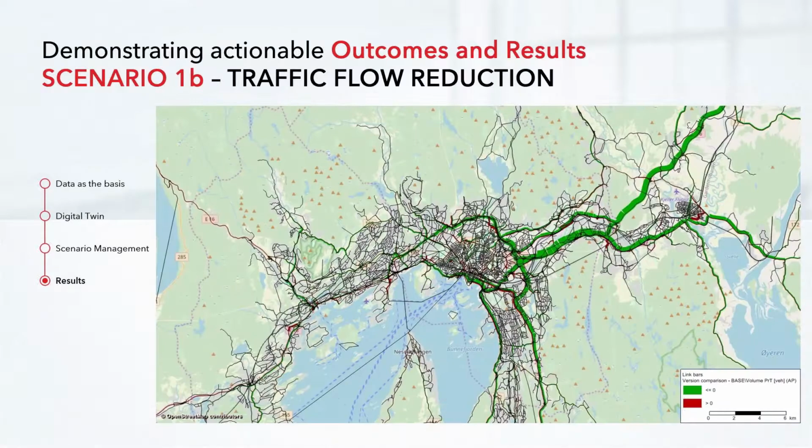This is scenario 1B, where we can actually show the green bands are the reduction in traffic.